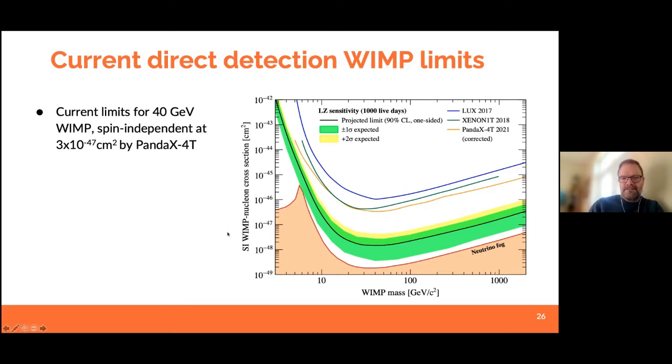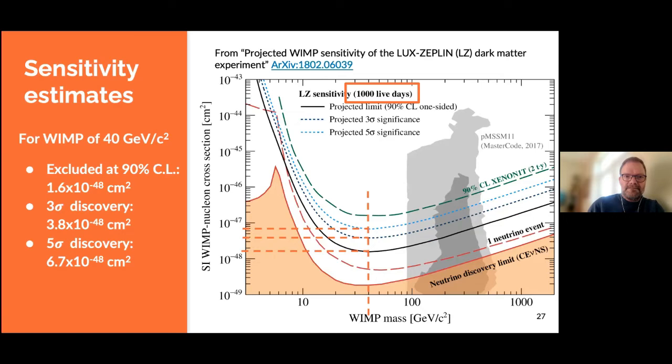You saw this yesterday. I know there was a bit of discussion about this neutrino fog. This is where, once you start becoming sensitive, you will start to see interactions with neutrinos. In this range we are still quite some distance away, but here where we have the solar neutrinos, we are expecting to see some of these interactions, and maybe this is clearer on the next plot.